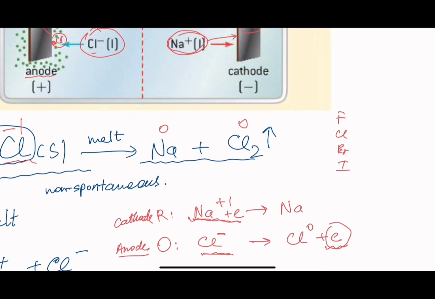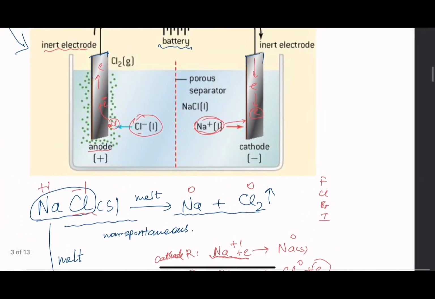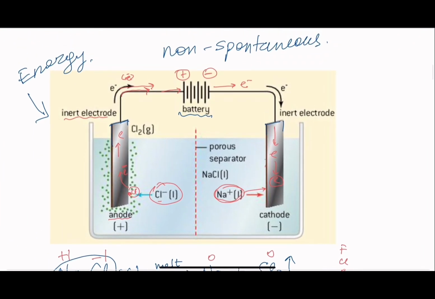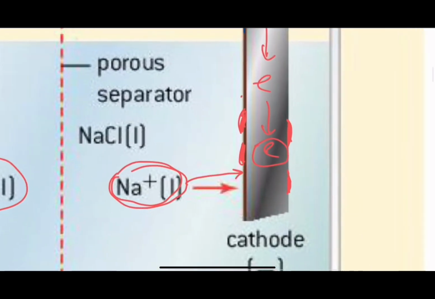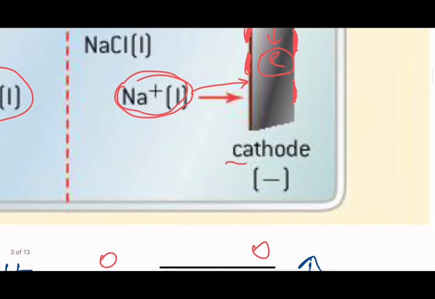Sodium plus takes the electron and becomes sodium 0, which is the solid form of sodium. So sodium starts attaching to the wall of this inert metal. It does not react with the metal, it just sticks to the wall. Because reduction is happening on this electrode, we call it the cathode.